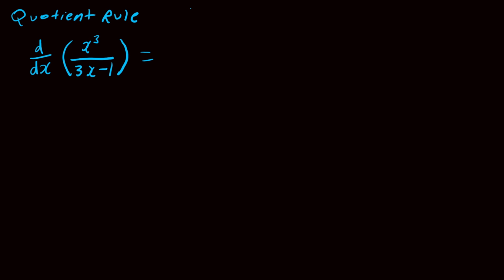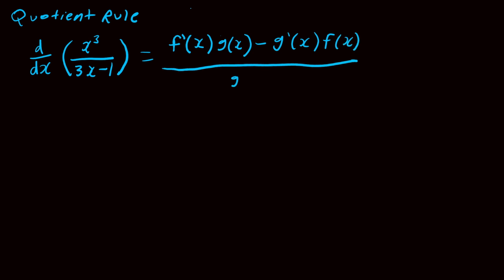So formula here is f prime of x times g of x minus g prime of x times f of x, all over g of x squared.